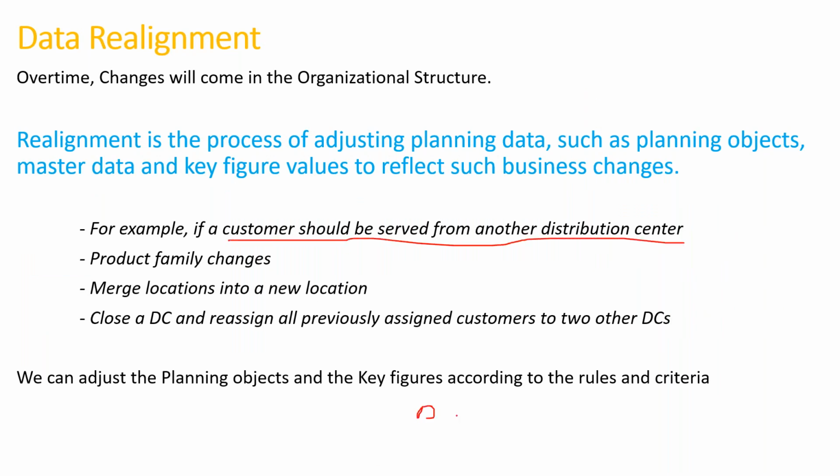For example, DC1 is sending to the customer Amazon. Now after that, it is not called DC1, it will be called warehouse 1. Now you want to realign your entire data from DC to warehouse. If there is any history saying that DC1 has sent 100 units of this product to Amazon in this time bucket, now you want that to change to warehouse, then in that case we can use data realignment.